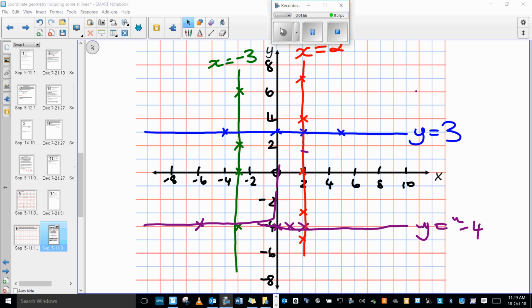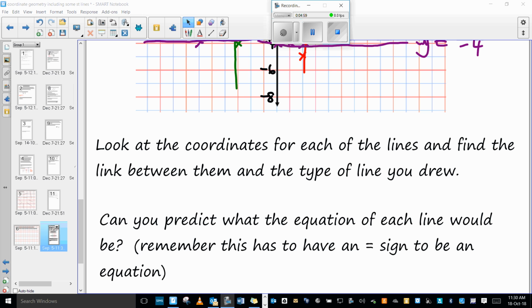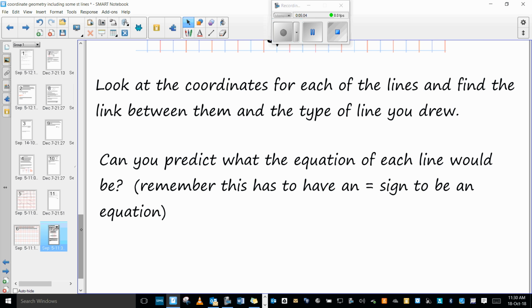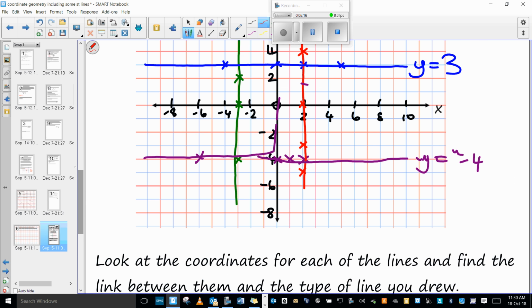As it says, we looked at the coordinates for each line drawn and predicted what the equation of the line would be. This is the other thing that's important: you do have to have that equal sign to make sure it's an equation. People get a bit freaked out by saying it's x equals 2, x equals negative 3, y equals whatever. You must have that equal sign in, and this is now the equation of that line.